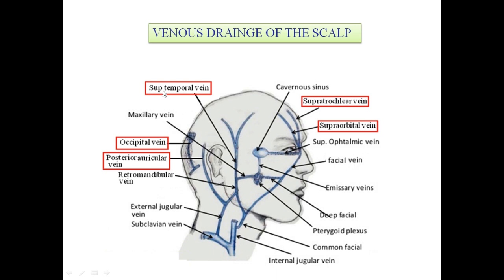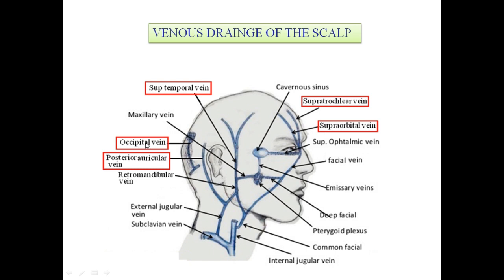The superficial temporal vein joins with the maxillary vein to form the retromandibular vein within the parotid gland, and the posterior auricular vein joins with the posterior division of the retromandibular vein to form the external jugular vein, which joins into the subclavian vein.